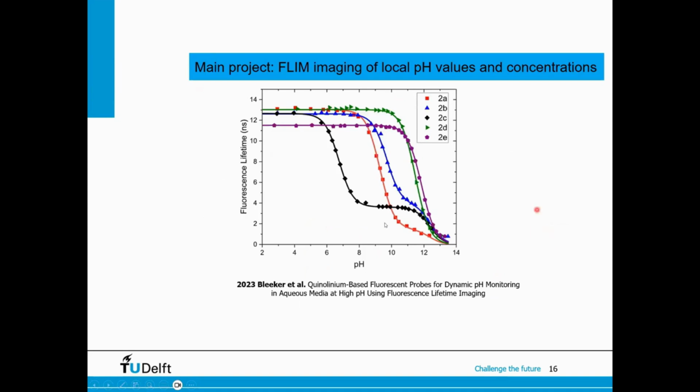This is a demonstration of the 5 dyes that were described in this paper that are sensitive to high pHs. Well, we have had plenty of students now that were happy to use these to do pH probing at high pHs.